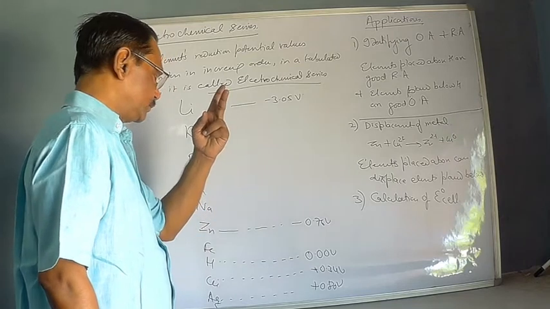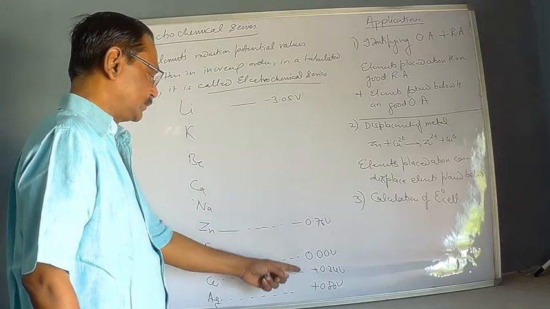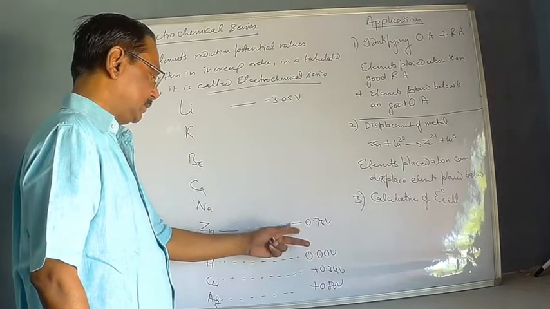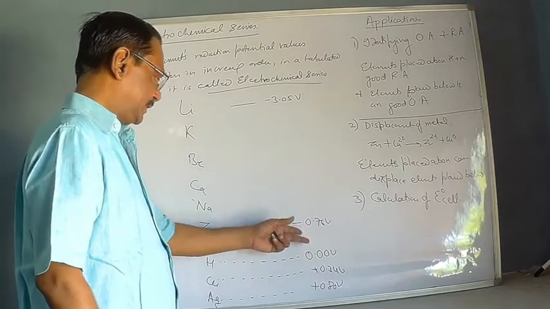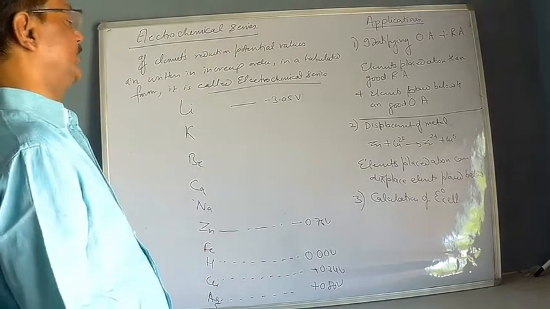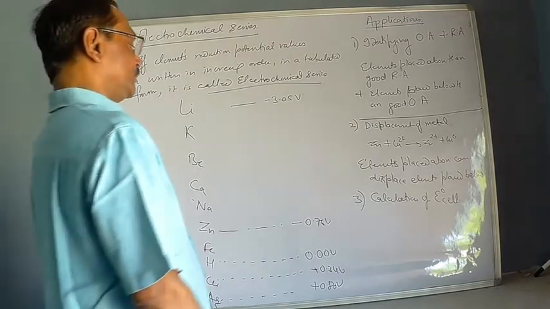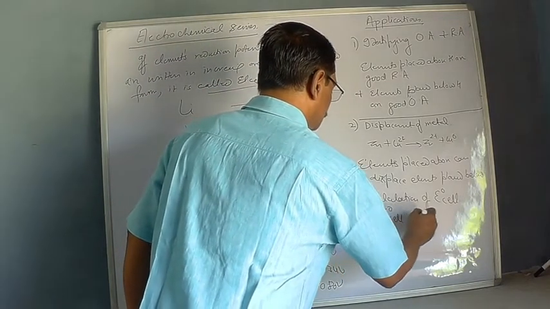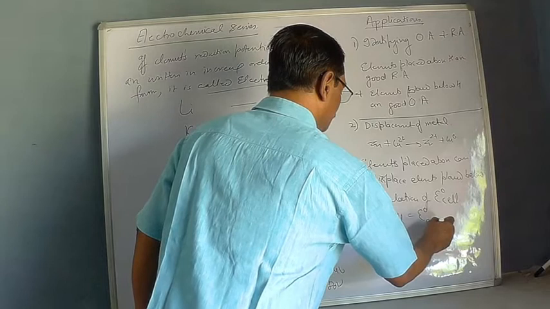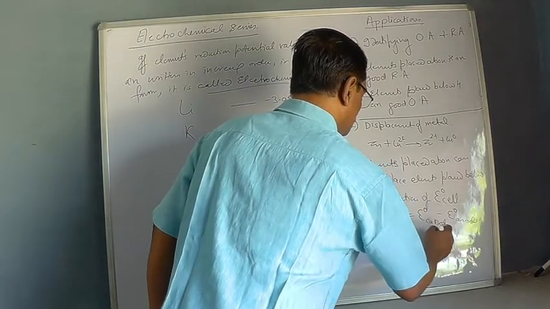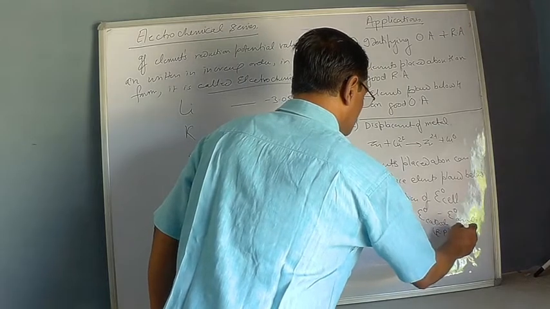There were only two metals over there, Zn and copper. The values which I quoted over there came from the electrochemical series. So the electrochemical series helps us in calculating E0 cell. So what was the formula? E0 cell equals E0 cathode minus E0 anode.